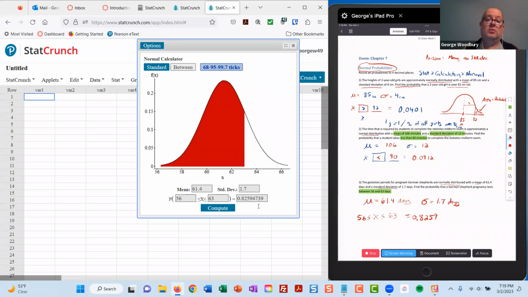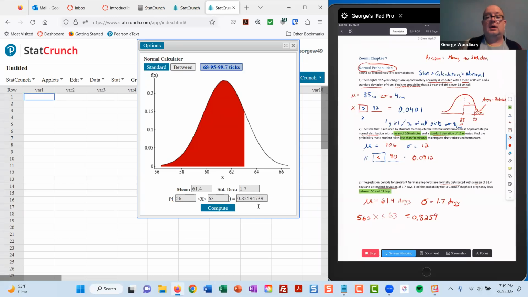It also means that 83% of all German Shepherds have their puppies within that 7-day window. So the key here is look for normally distributed, and really important, look for a mean and a standard deviation.